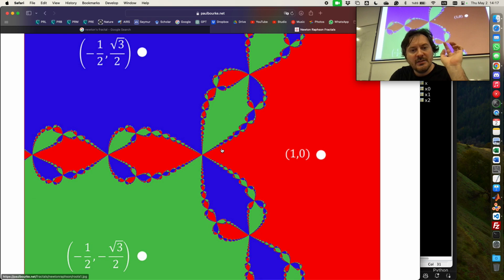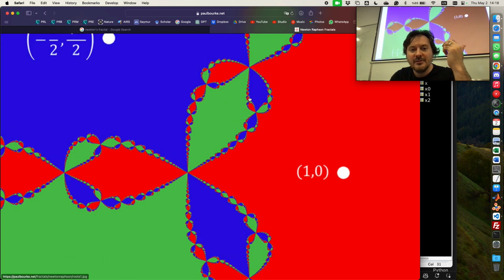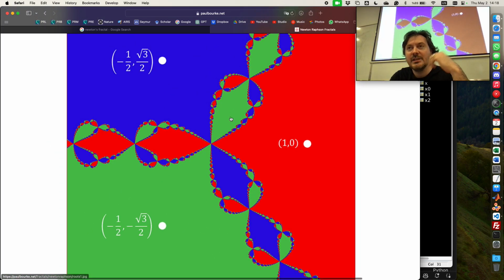But just by itself, you know how there is the Newton-Raphson method to get the correct answer. So let's say your equation is x cubed minus 1 equals 0. What is the solution? 1, right? But there are also two complex solutions. So if you start around here, you will end up here. If you start around here, you will end up there. If you start around here, you will end up there. But then in the boundaries, you have all kinds of fractal shapes.